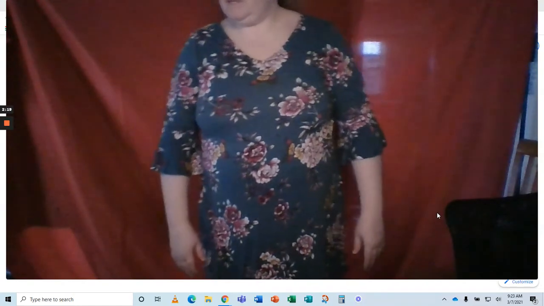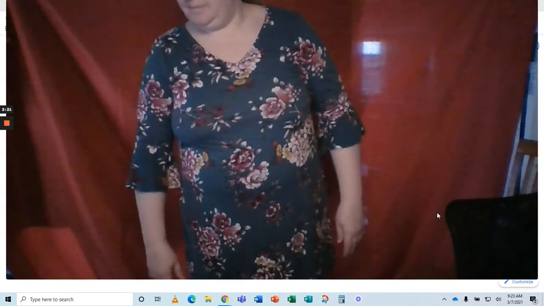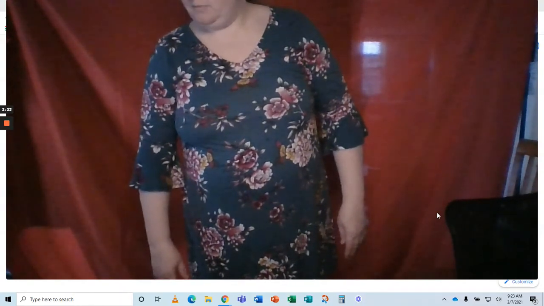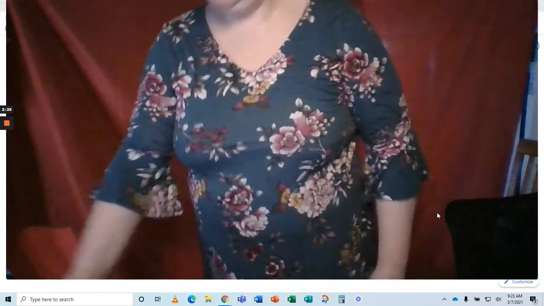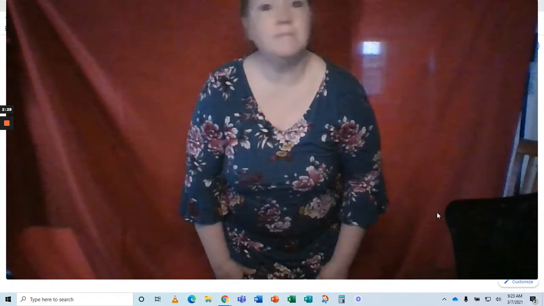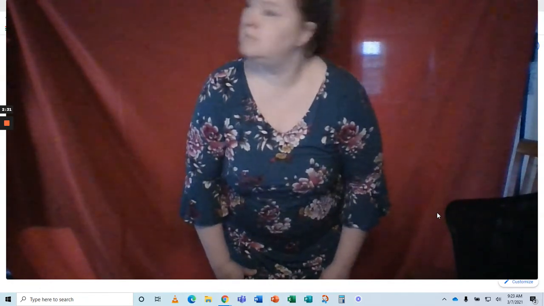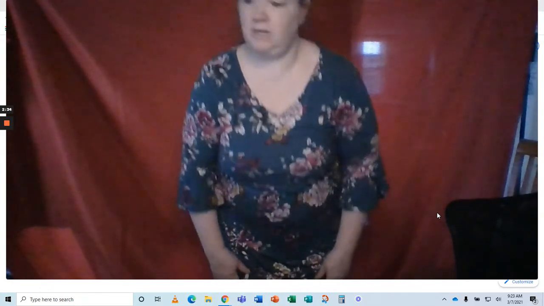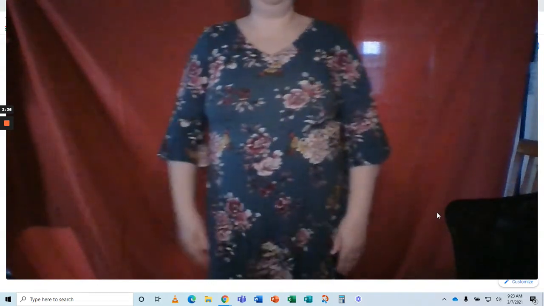Now let's look at rotation. For my neck, this is rotation, moving on an axis. Now we have medial rotation.